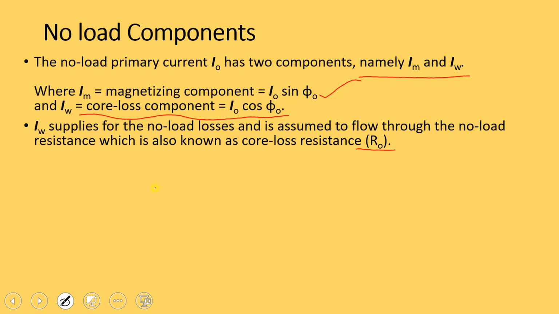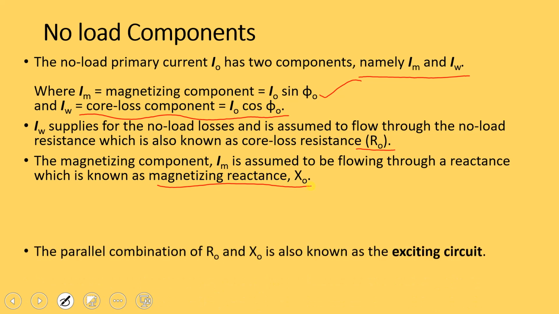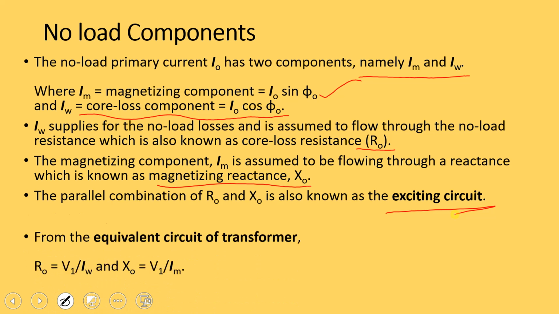Fine. IW supplies the no load losses and is assumed to flow through the no load resistance, which is also known as core loss resistance R naught. The magnetizing component IM is assumed to flow through the reactance, which is known as magnetizing reactance X naught. The parallel combination of R naught and X naught is called the exciting circuit.